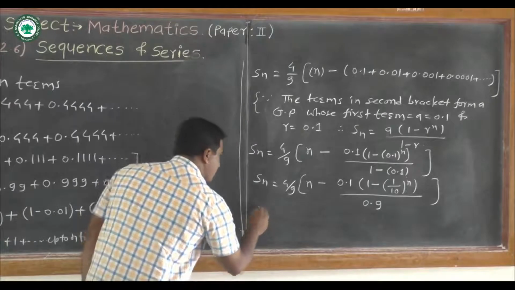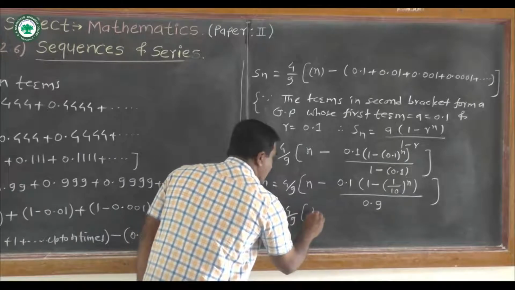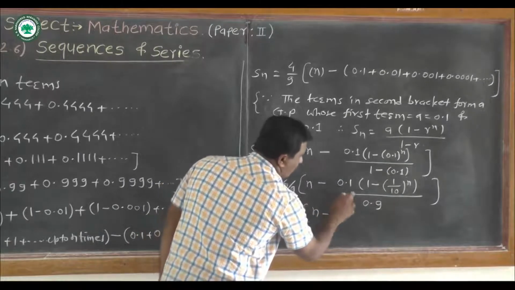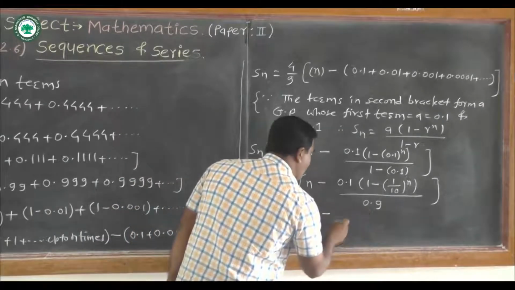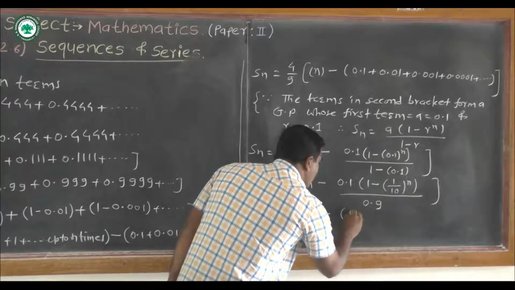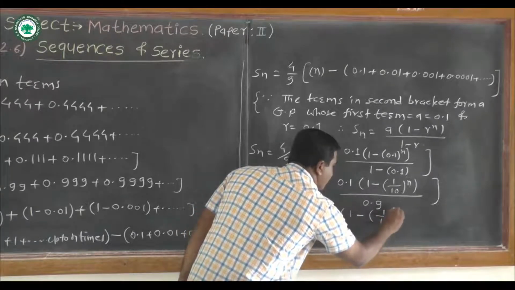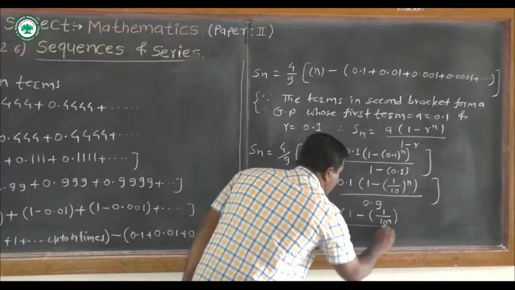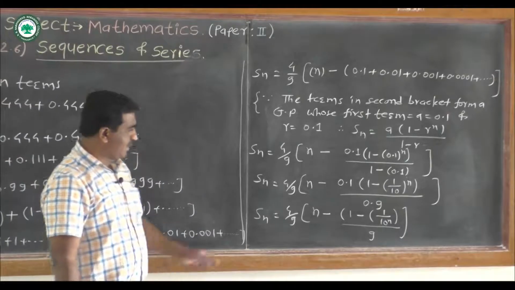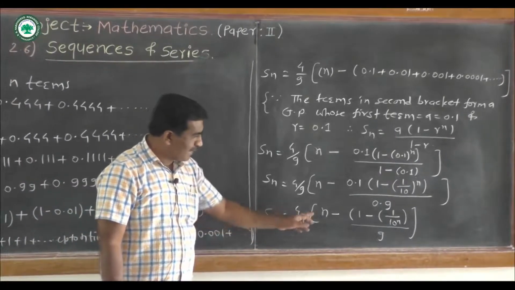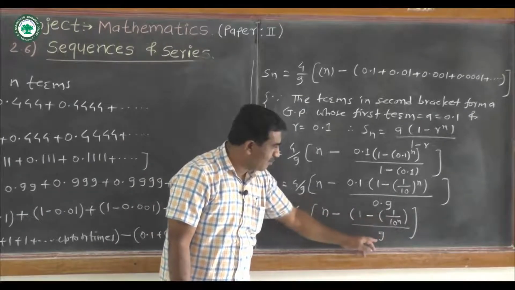That is Sn equal to 4 by 9 into, in bracket, n minus 0.1 upon 0.9. Point is cancelled out, remains only 1 upon 9. Therefore 1 minus 1 upon 10 raised to n upon 9. That is we get Sn is equal to 4 by 9 into n minus, in bracket, 1 minus 1 upon 10 raised to n upon 9.